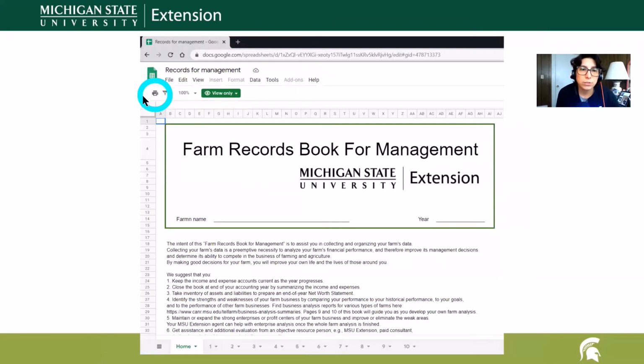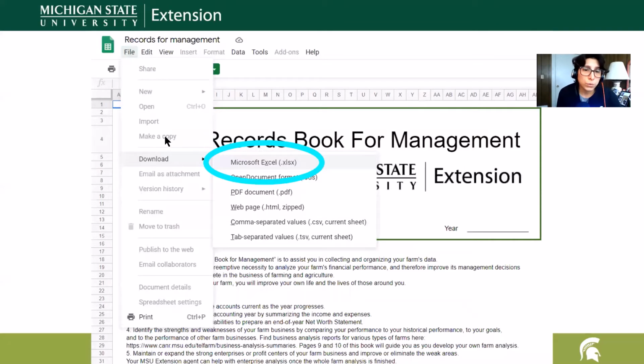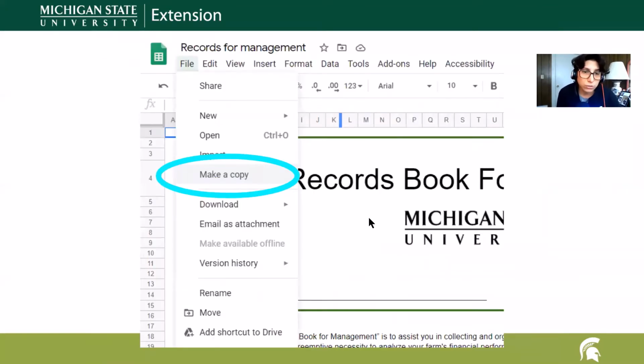And you will be able to either print it at home if you prefer to just work on paper, or you would be able to download it to Microsoft Excel. Or if you are a Google fan instead of a Microsoft fan, you can just make a copy and use it right into Google Sheets.